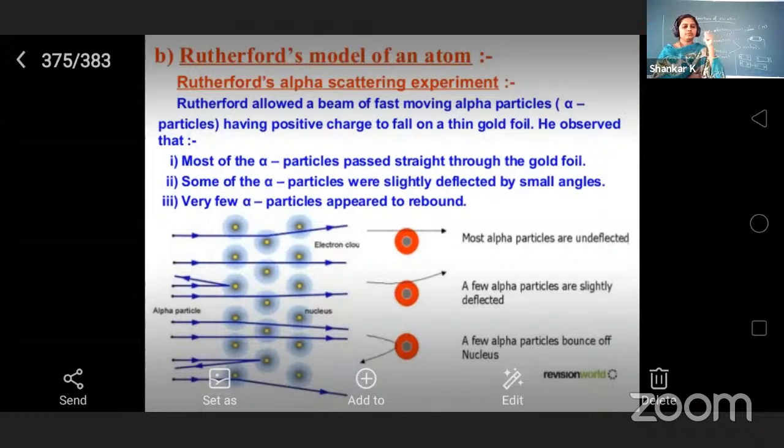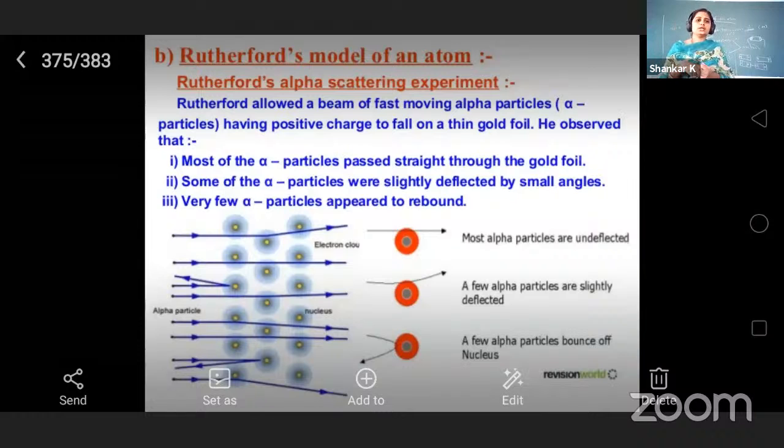When you put light on metals like gold, they shine. Yes or no? They shine.